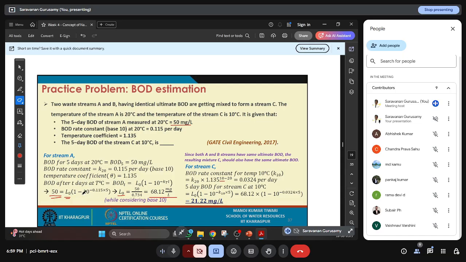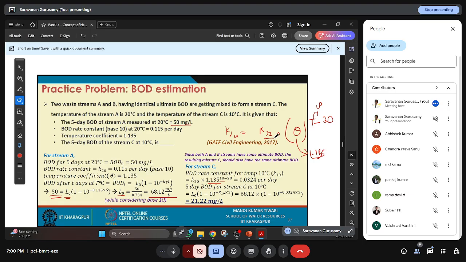L naught is taken for 20 degrees, so I can substitute the same value of 20 degree here. Then K for 10 degree I can find with theta power. What is the K value at 10 degree? K at 20 degree into theta power T minus 20. What is T? 10. What is theta? 1.135.